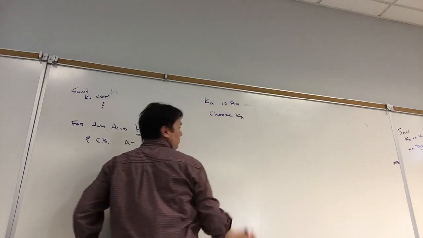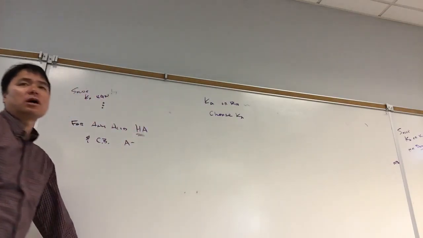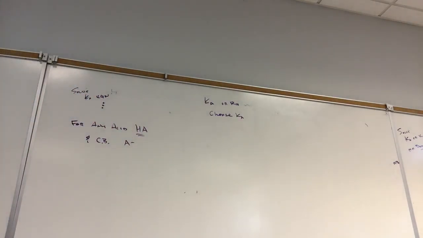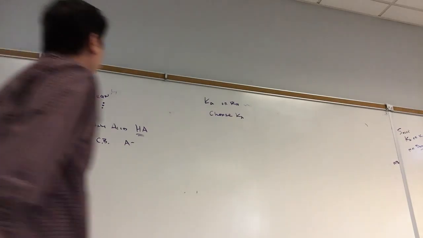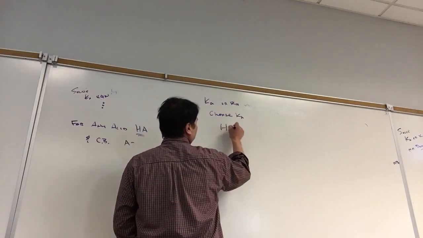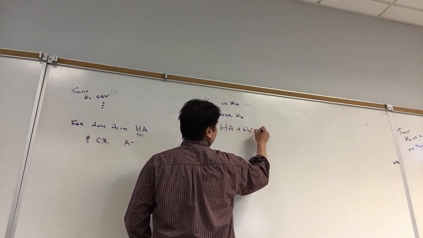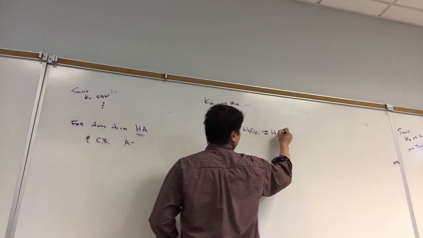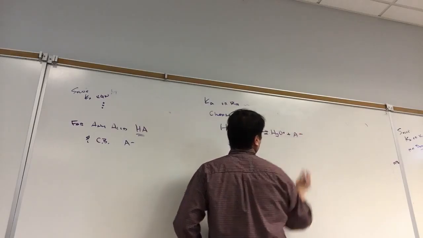This is more convenient because it gives us hydronium rather than hydroxide. In other words, pH rather than pOH. And so what we're going to have here is HA plus H2O liquid. It's going to give us H3O plus and A minus.